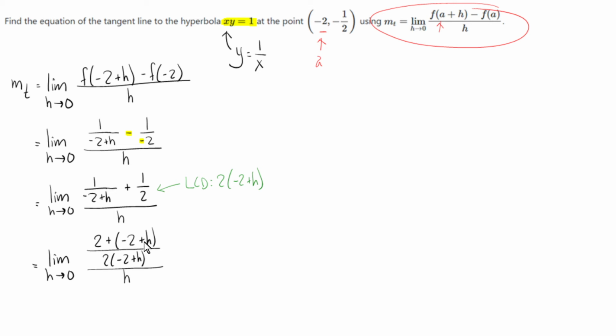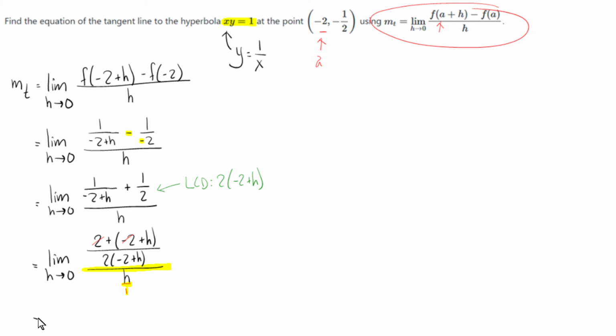Now if we take a look at the numerator here, we see that if we drop the brackets, the 2 will disappear. So what we have left in the numerator is just an h over this lowest common denominator, over h. So we're going to get rid of this division, since this is h over 1, and convert it so that we get a multiplication instead.